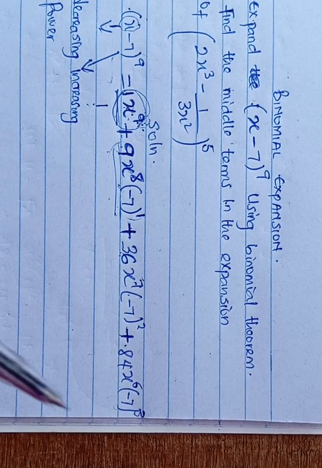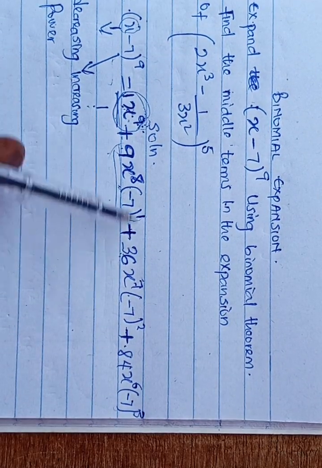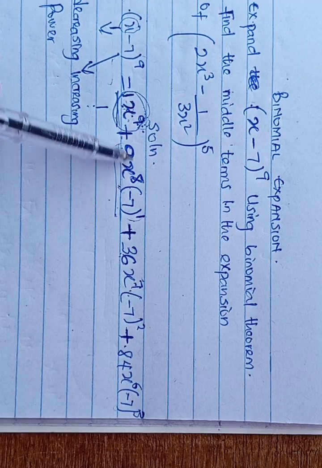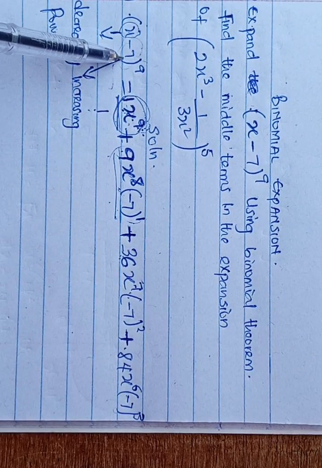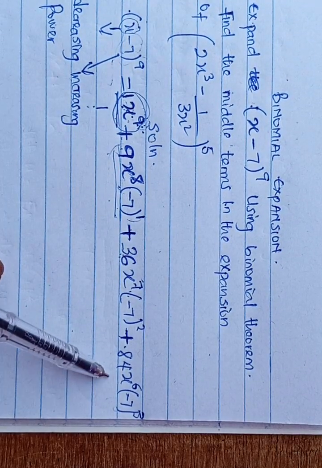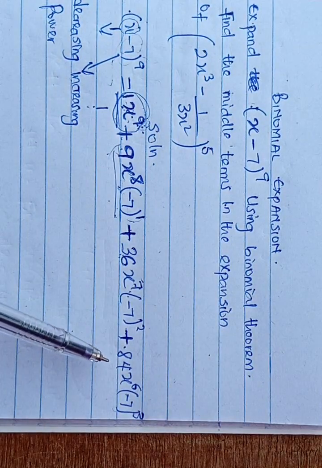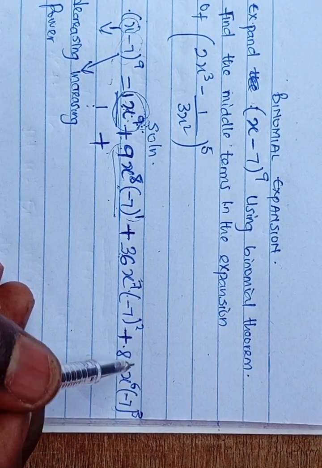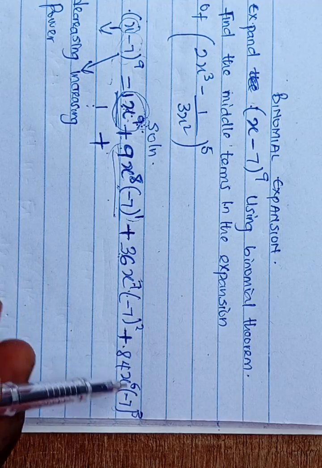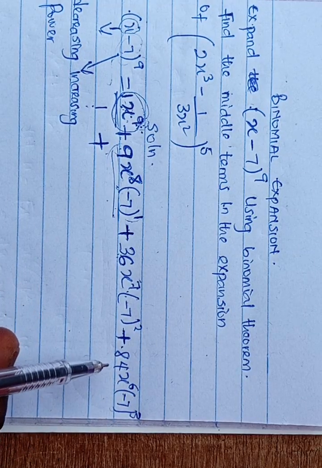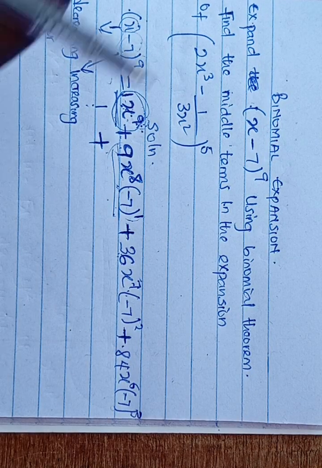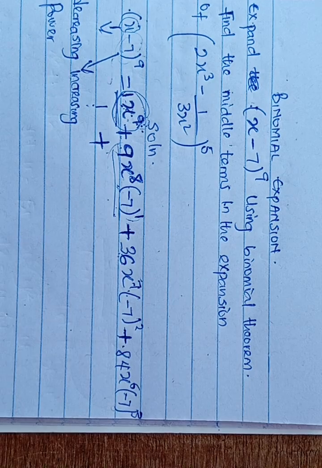Remember, the power of x will be reducing as you go down the expansion, while the power of minus 7, which is the second term, will be increasing. Now what do you have to do to get the next term? You can pause the video and try it by yourself. Okay, 84 multiplied by 6, you have to multiply them together, and that one will give you 504.